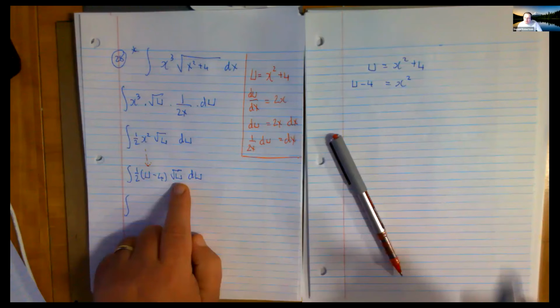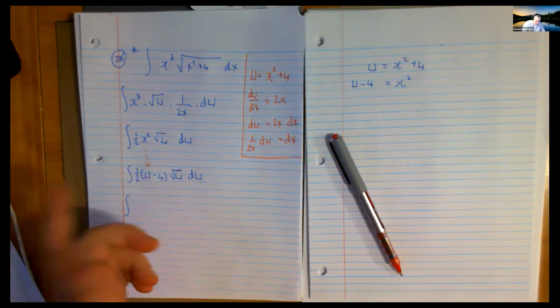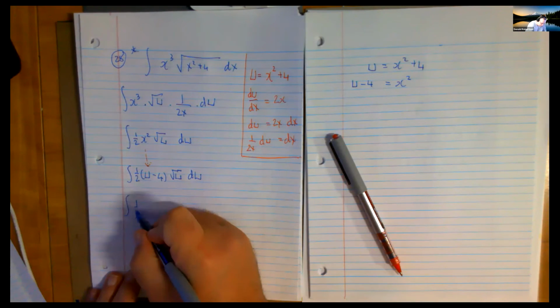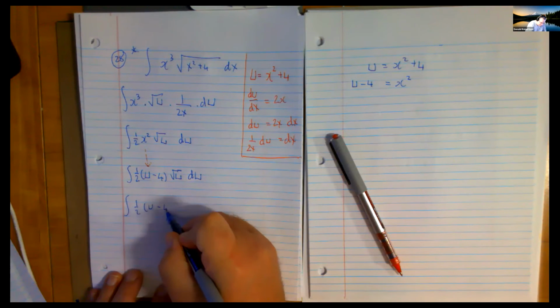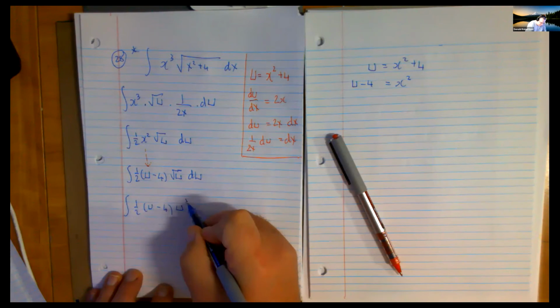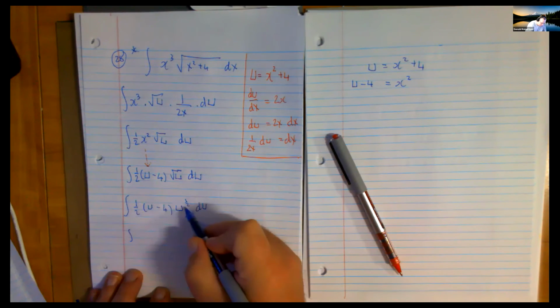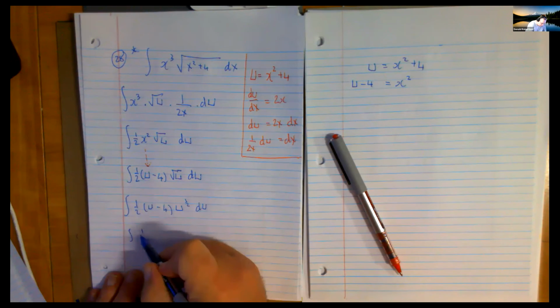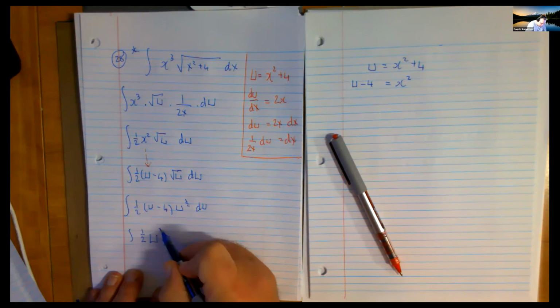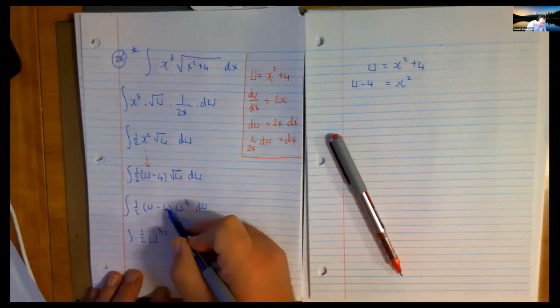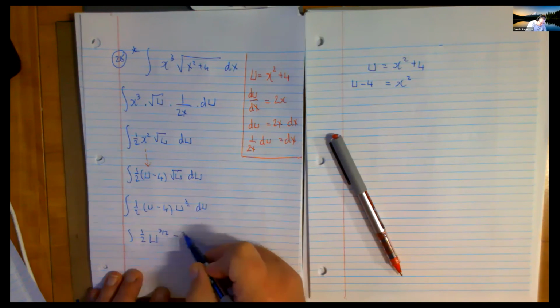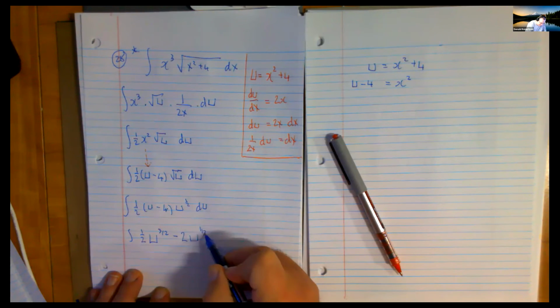So convert that into a u to the half and distribute. Okay, that sounds good. So here goes. That times that is 3/2, so you get 1/2 u to 3/2. That times that is -2 times that, so you get -2 u to the half.